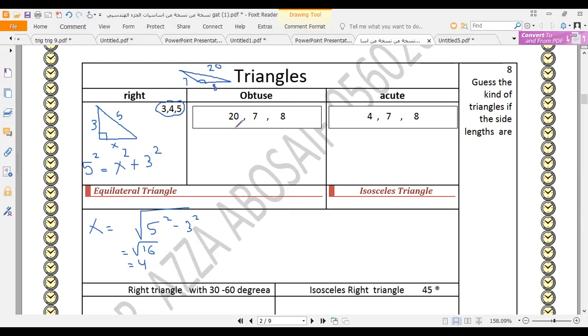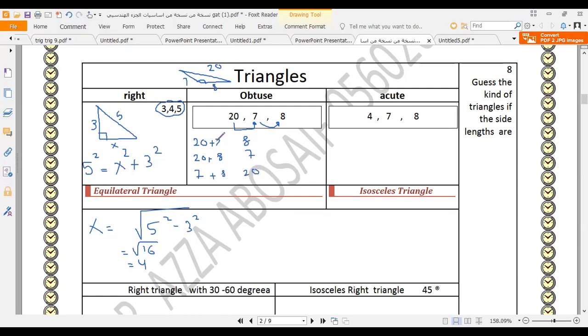You have to find the sum of two sides and then compare it with the third. So you can just find the sum 20 plus 7 compared with 8, 20 plus 8 compared with 7, 7 plus 8 compared with 20. I have to do these 3 steps.